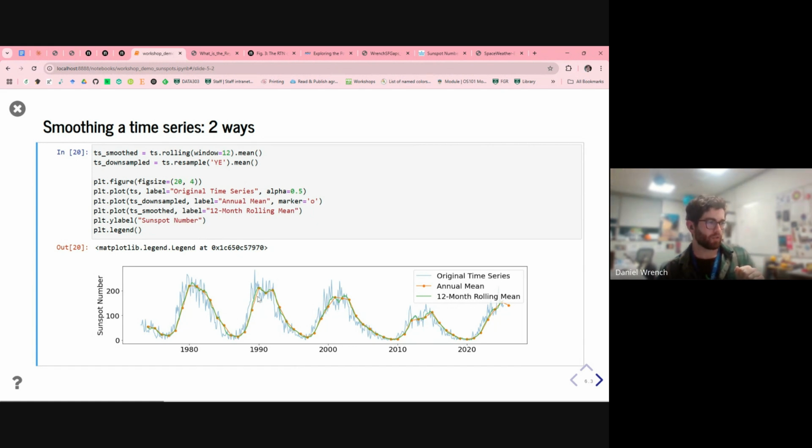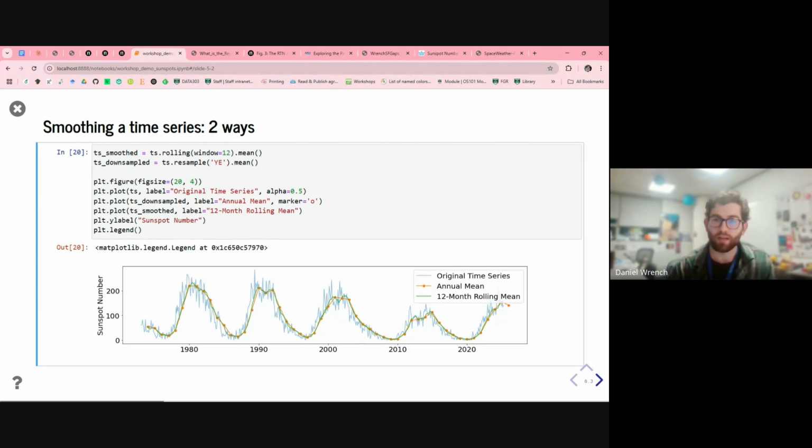So that captures a wee bit more of the short-term fluctuations. And then in the orange we have our annual means. That's just from downsampling the data. So we just have one value for each year, basically. So it's not quite as smooth as the rolling mean, but perhaps that's sufficient information, and both pretty clearly remove a lot of that variation.